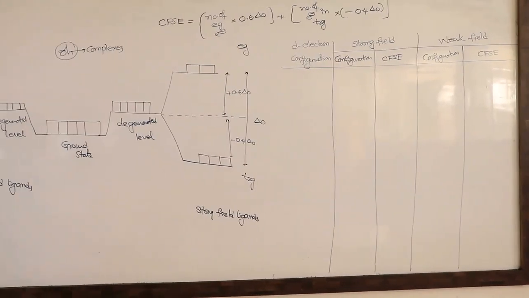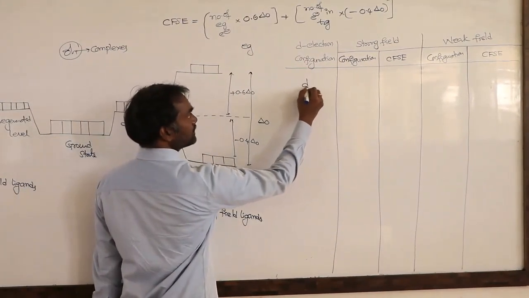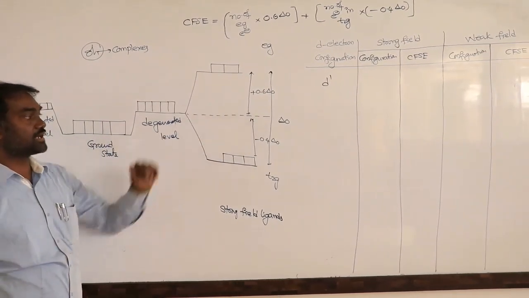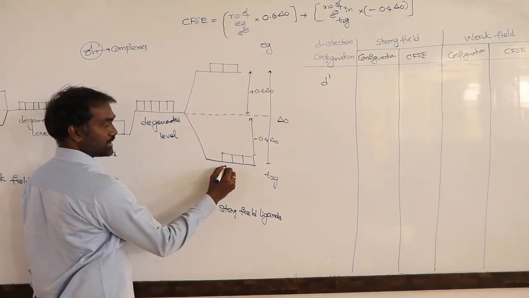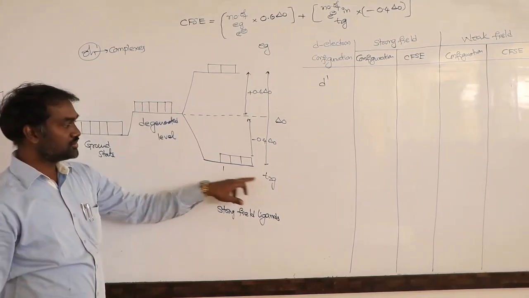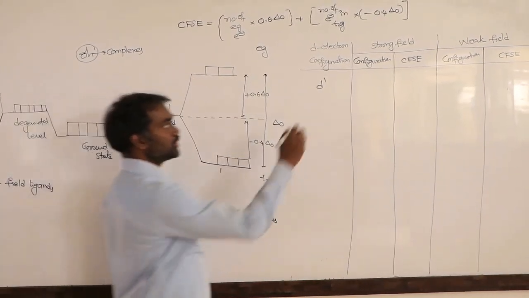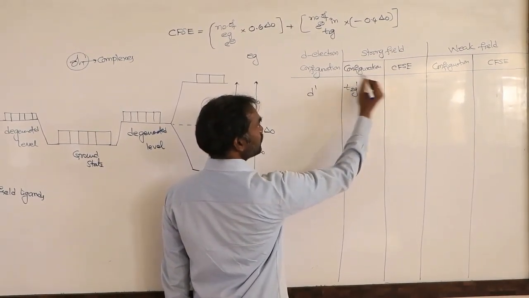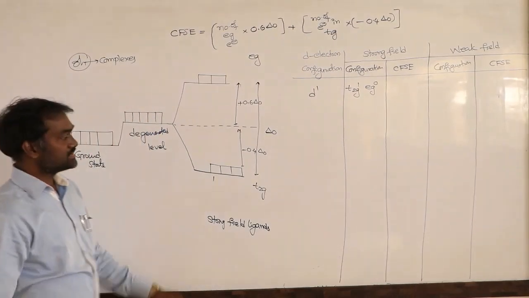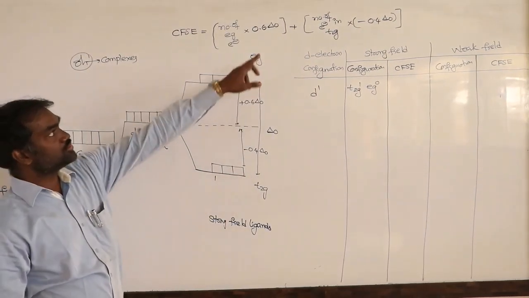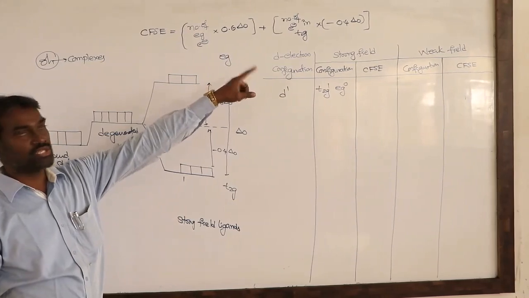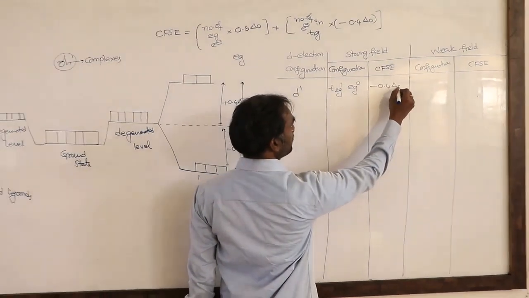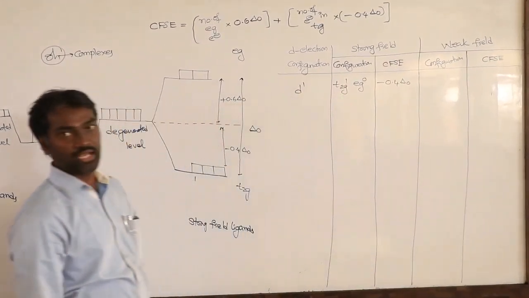D configuration. D1 is there, first electron. How can you write the first electron in strong field? One electron is first here. So in T2G one electron, EG is 0. So we can write it as T2G1 EG0. Next, the CFSE value: the number of T2G electrons into minus 0.4. So minus 0.4 delta 0 is the CFSE value.